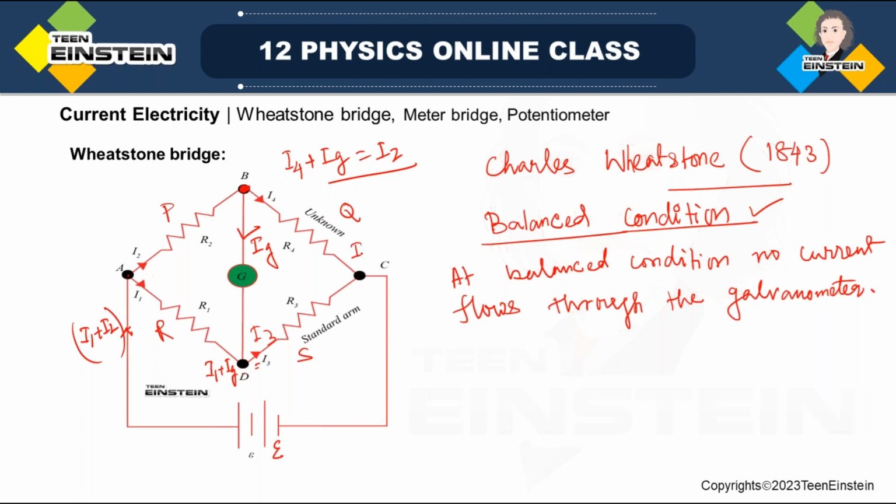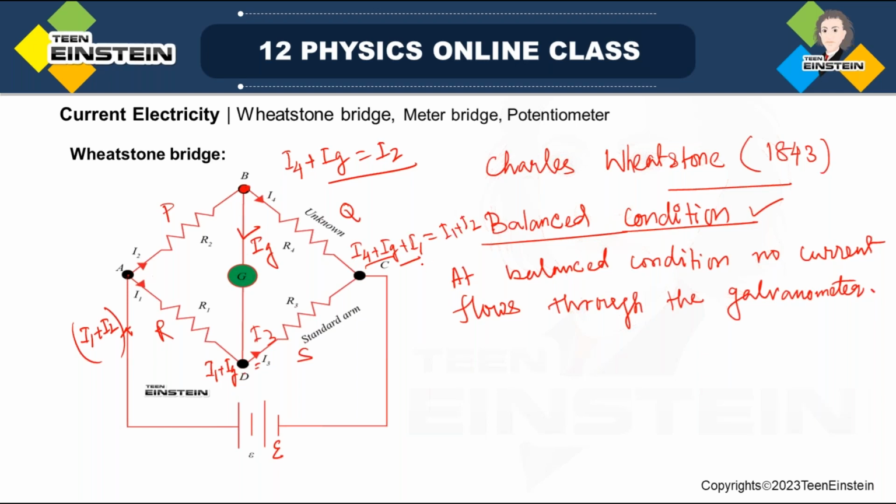So I4 plus Ig plus I1 will be added. I3 is actually Ig plus I1, and then I4. So all three together make I1 plus I2.